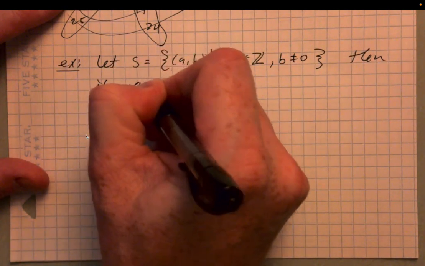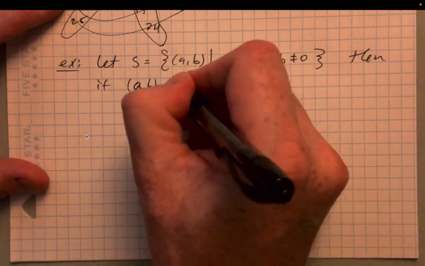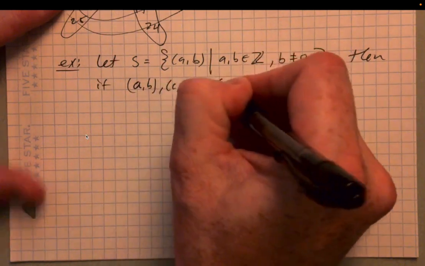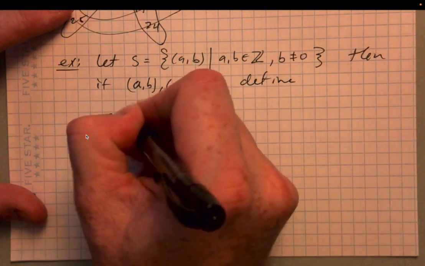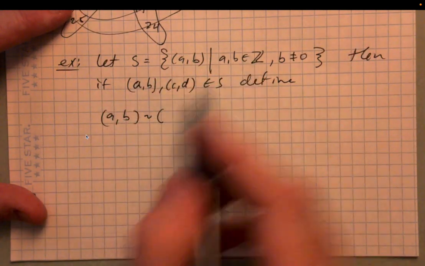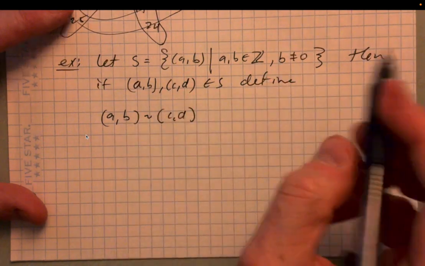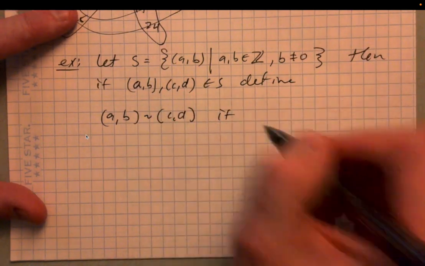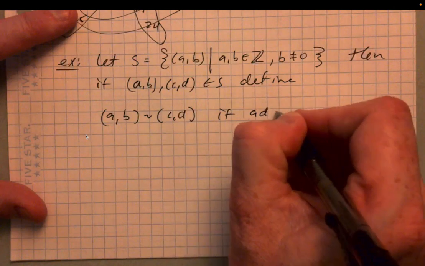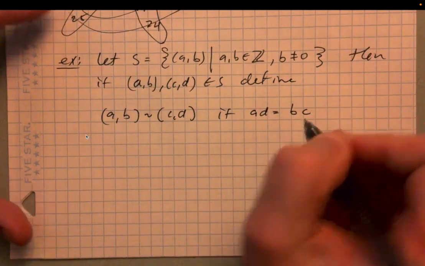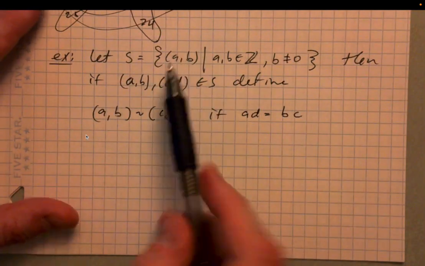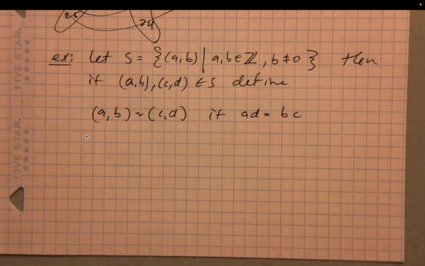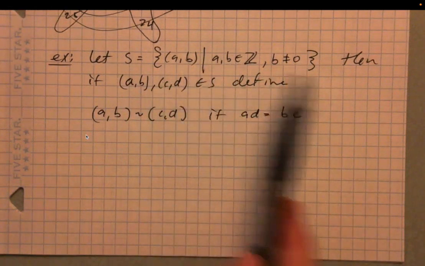Then, if (A, B) and (C, D), two ordered pairs, are in S, we're going to define (A, B) to be equivalent to (C, D) if, this is kind of a weird one, A times D equals B times C. So we've got a set S of all ordered pairs of integers with the second term non-zero.